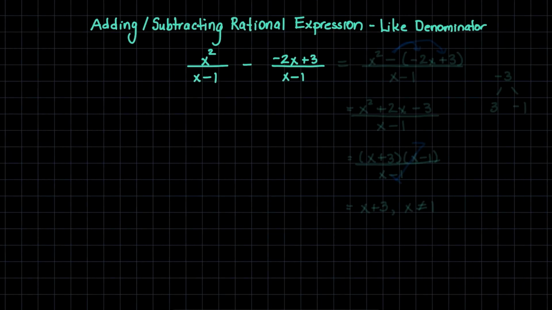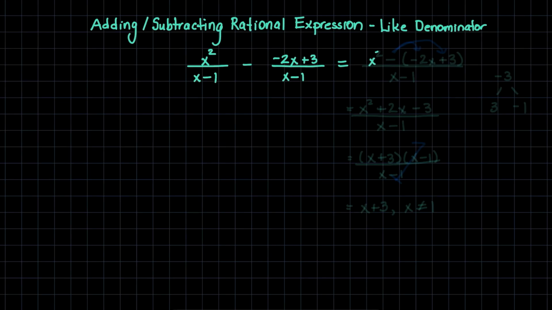We reached our last example, x squared over x minus 1 minus negative 2x plus 3 over x minus 1. What's important? The denominators are the same, so we're dealing with the same sized equal parts, so we can subtract straight across. In all areas of math, subtraction can be a little bit tricky when you have multiple things to the right of it.